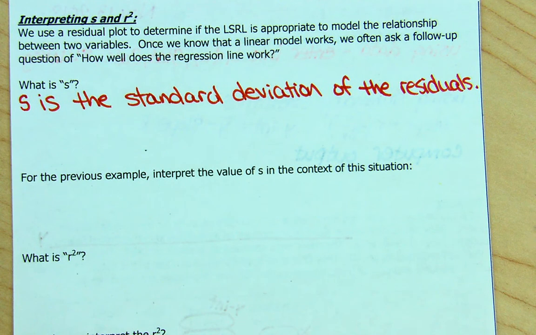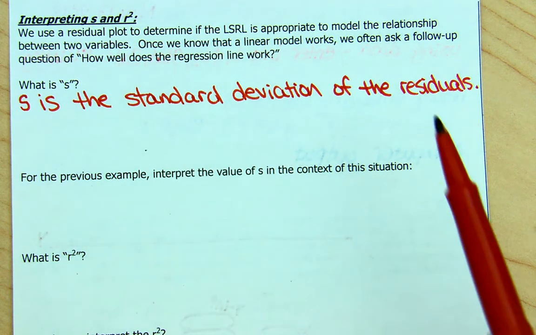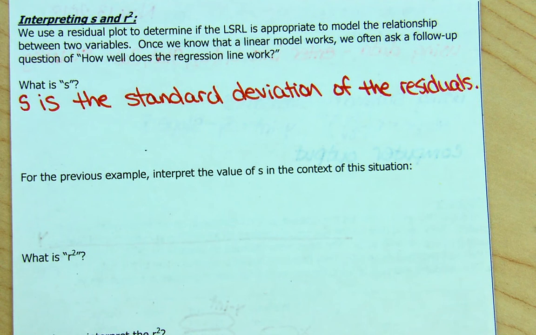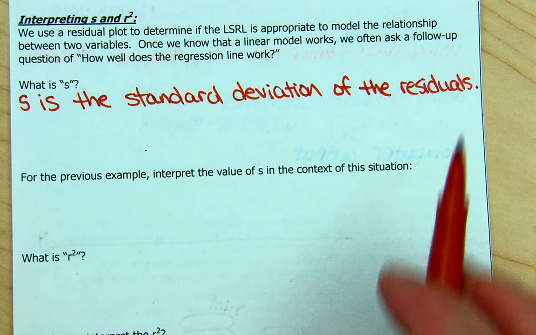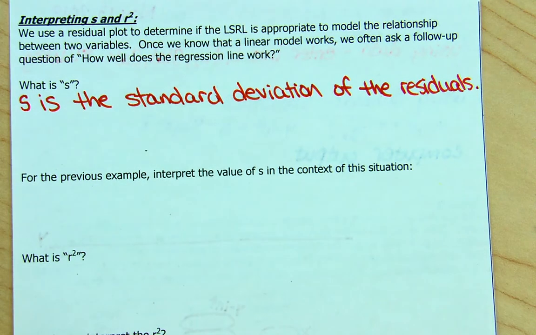So, if we're finding an average, we add everything up and divide by how many values we have. Well, when we add it up, we get 0. So that average should be 0. Okay? So when we look at average distance from the mean, we're looking at how far it is from 0. So we're looking at how far are we missing by. Okay? So if we think of a residual as the actual minus predicted, so it's how far away is our line from the data values.